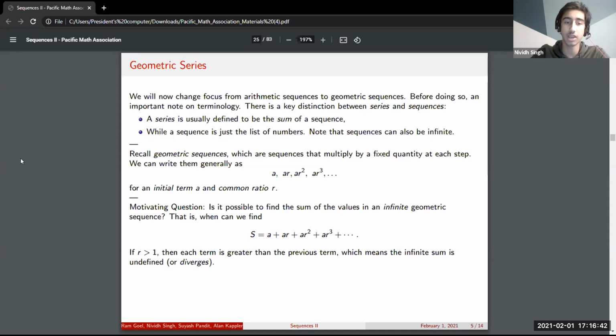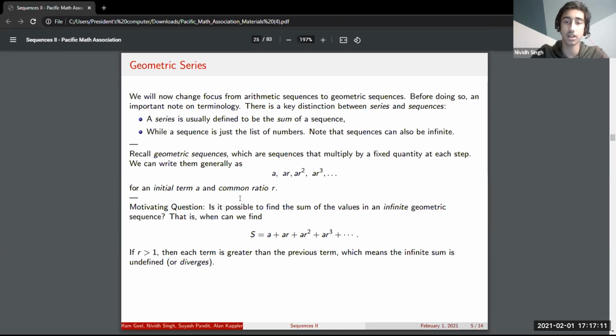If R is greater than 1, then the infinite sum is undefined, or it diverges. In the example I just gave, 2, 4, 8, if this sequence went on and on, we would never be able to find the sum because the terms would keep getting bigger and bigger.